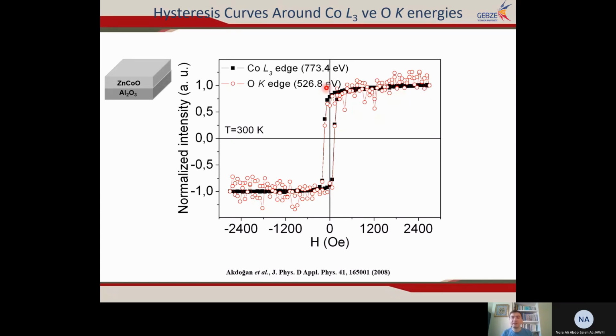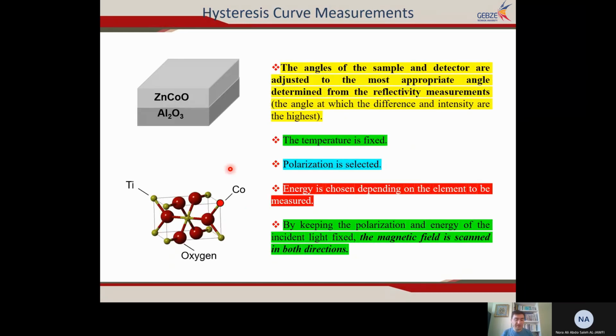So once you magnetize your sample, it always repeats this behavior. For this reason, it is called a hysteresis curve. And depending on the magnetization, we have a certain magnetization value, okay? So hysteresis curves carry very important and rich information about the magnetization of materials.